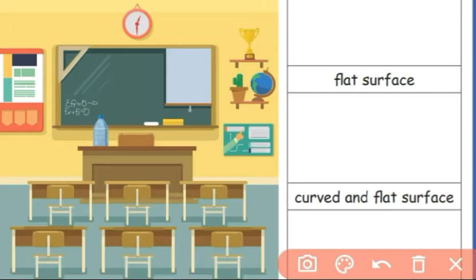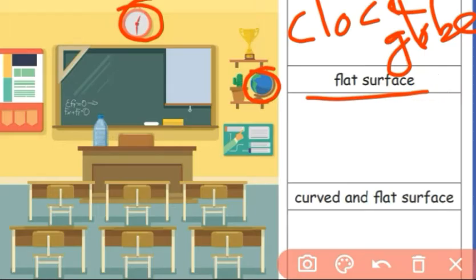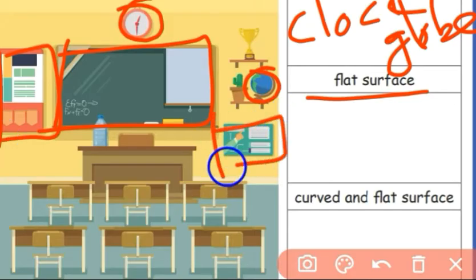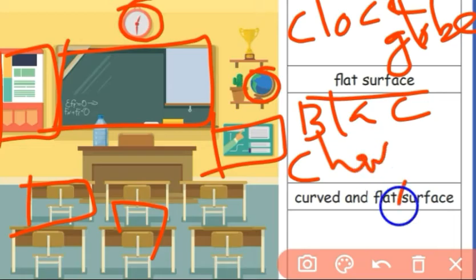Curved surfaces means there is a globe, clock, and globe. Next, flat surfaces. For flat surfaces, you can see blackboard, this chart, and this table, chair.